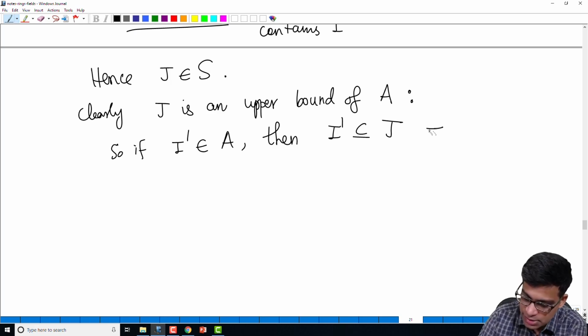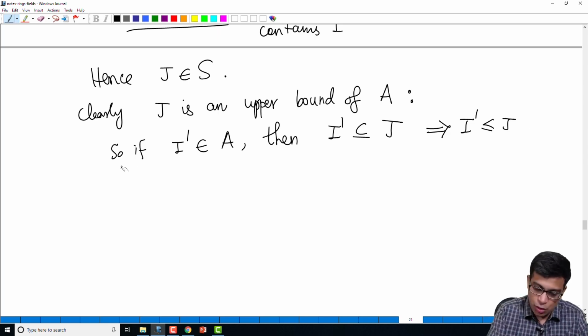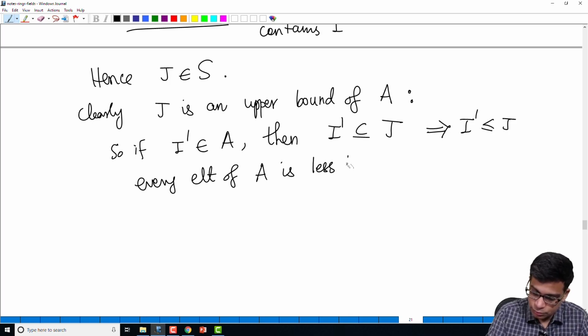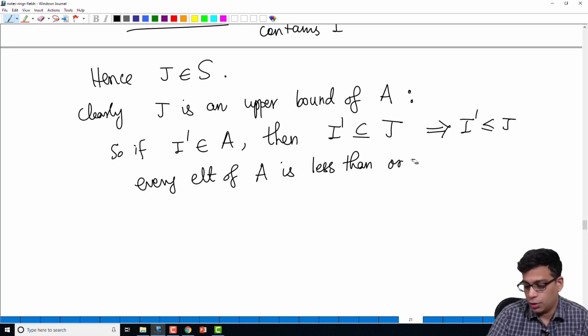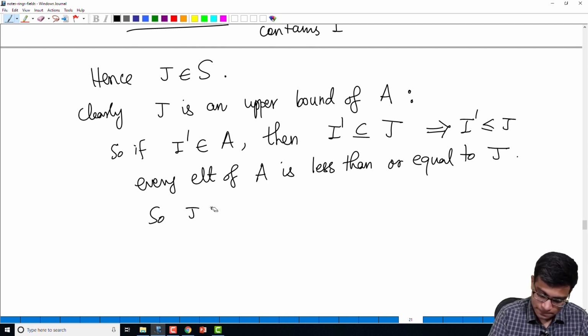So J contains I prime. That means I prime is, by definition of the order on S, less than or equal to J. So every element of A is less than or equal to J, maybe it's equal to, we don't need to know about that. So J is an upper bound.